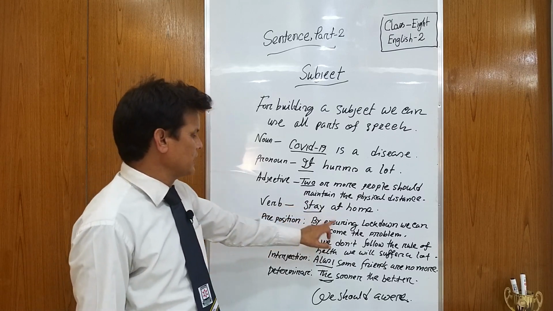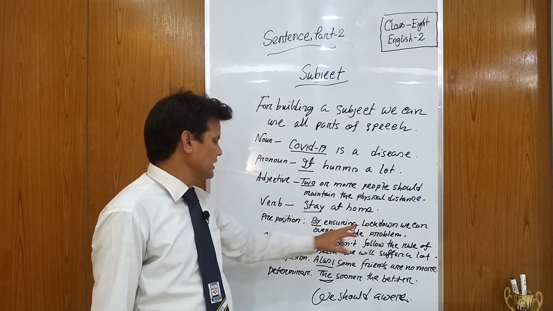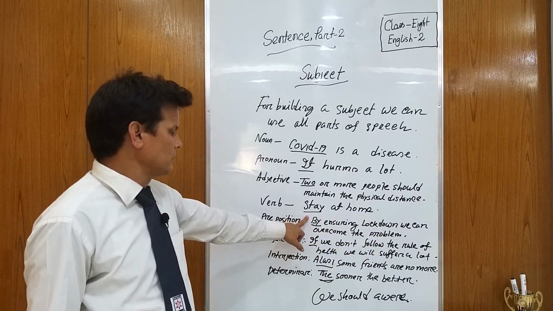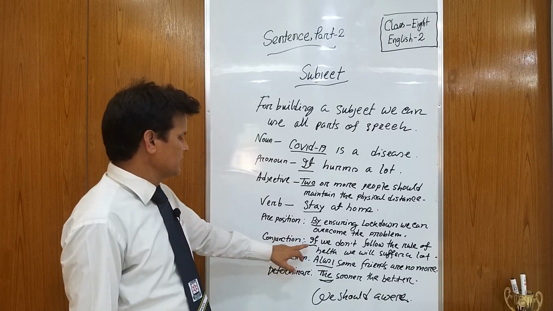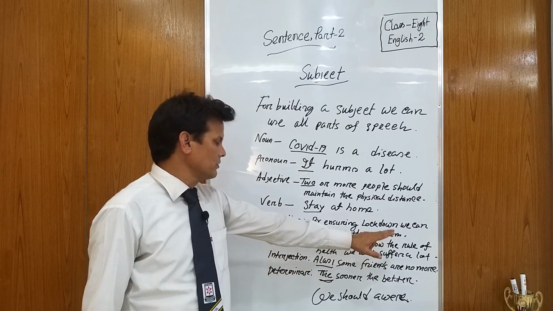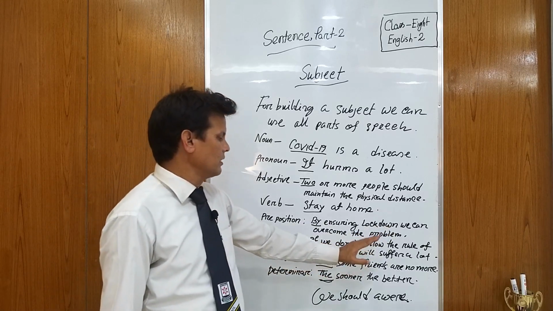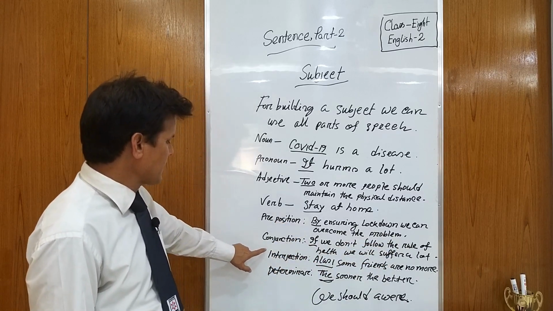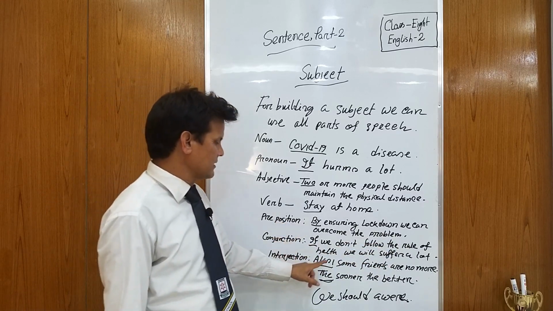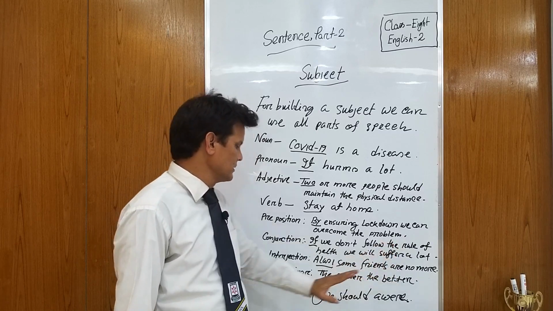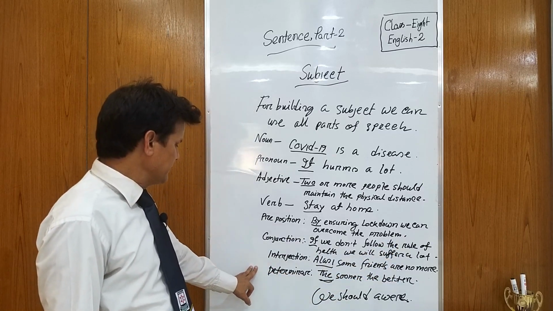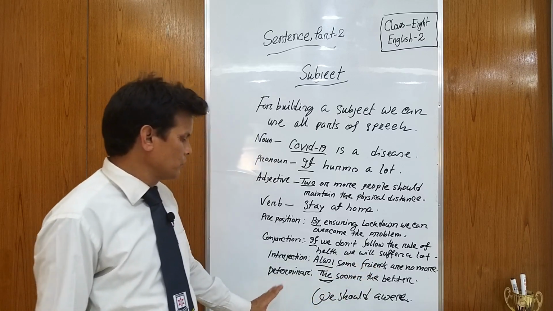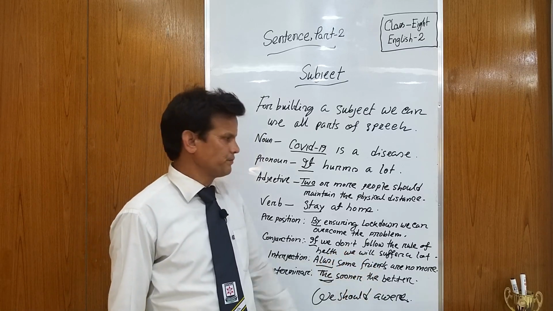Preposition: by ensuring a lockdown we can overcome the problem. Conjunction: if we don't follow the rule of health, we will suffer a lot. Here if is a conjunction. Interjection: alas, some friends are no more. And the determiner: the sooner the better we should avoid.